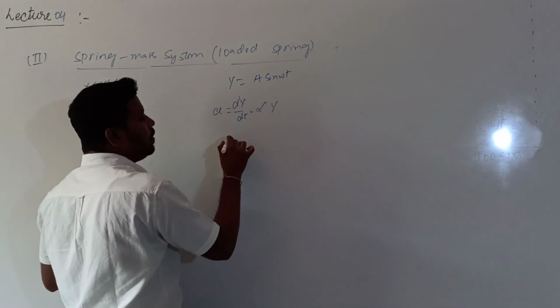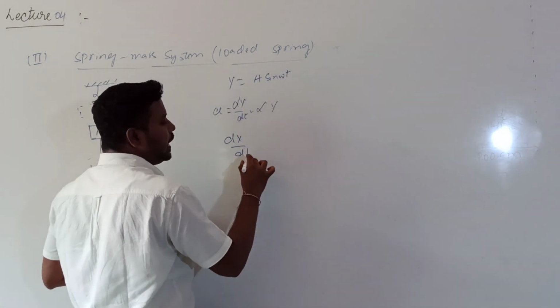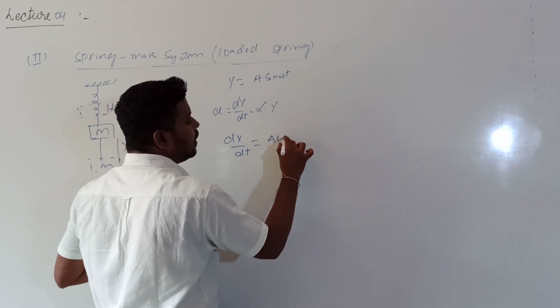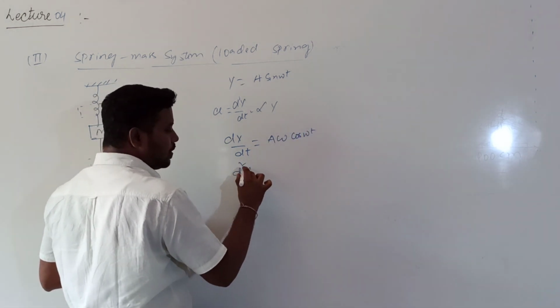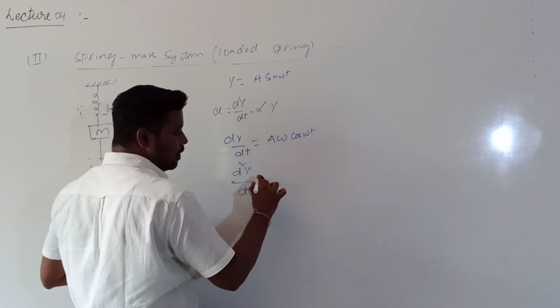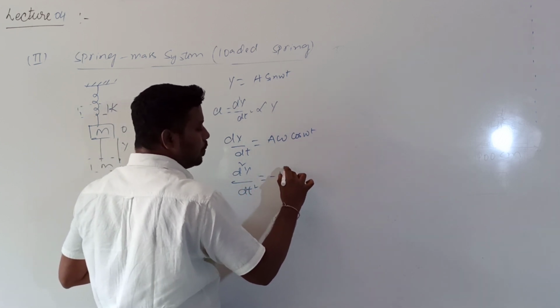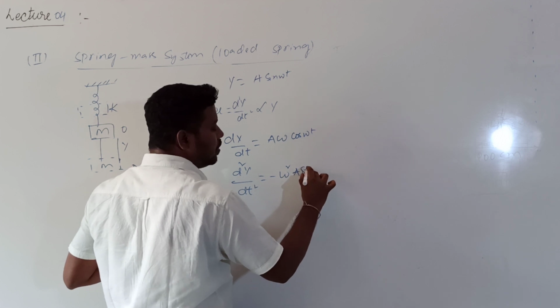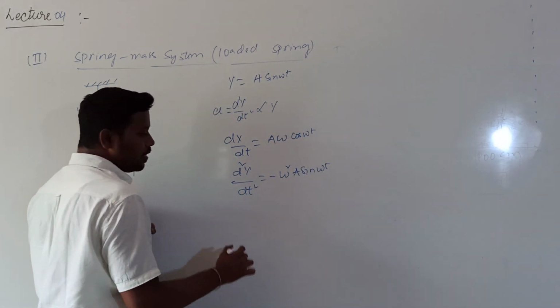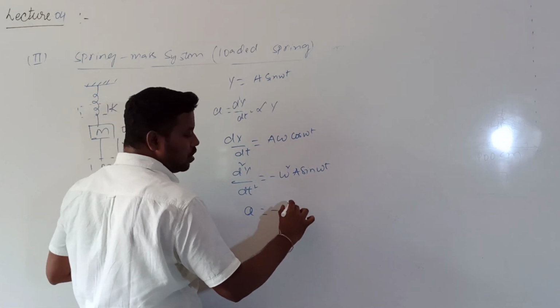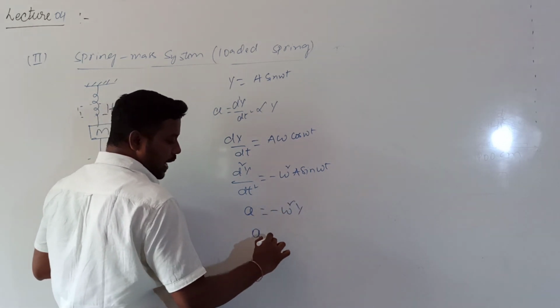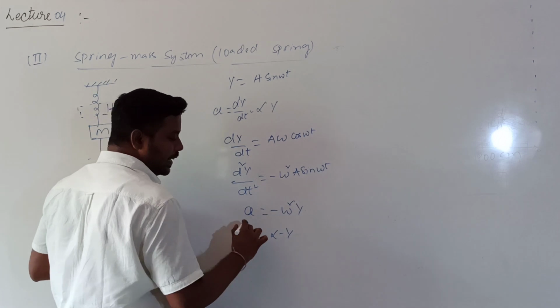What is the derivative dy by dt? It is a omega into cos omega t. And the derivative one more time, d square y by dt square, will be given by minus omega square into a into sin omega t. This d square y by dt square, nothing but a, is equal to minus omega square into y. So a value is directly proportional to minus y.